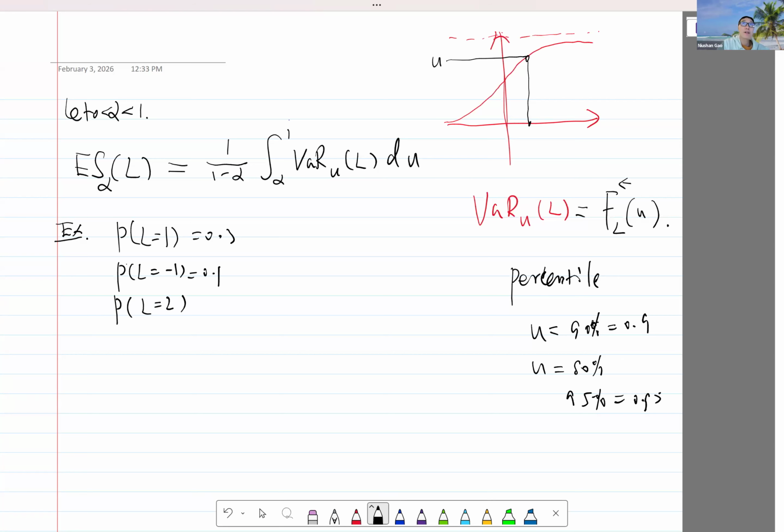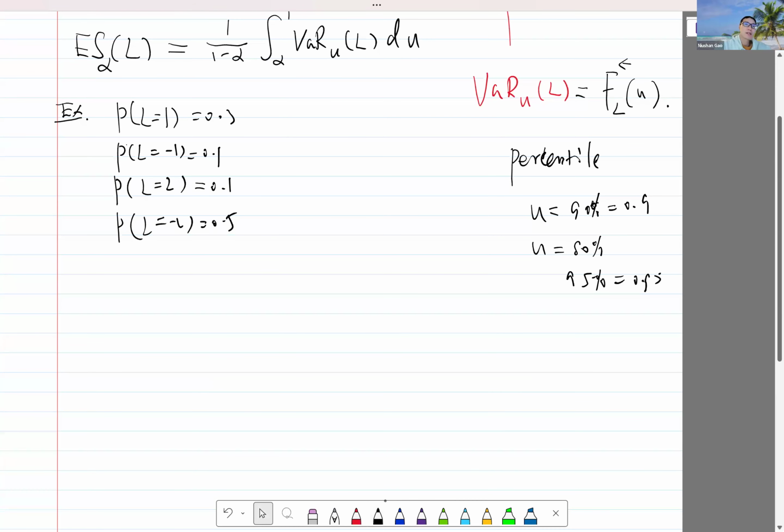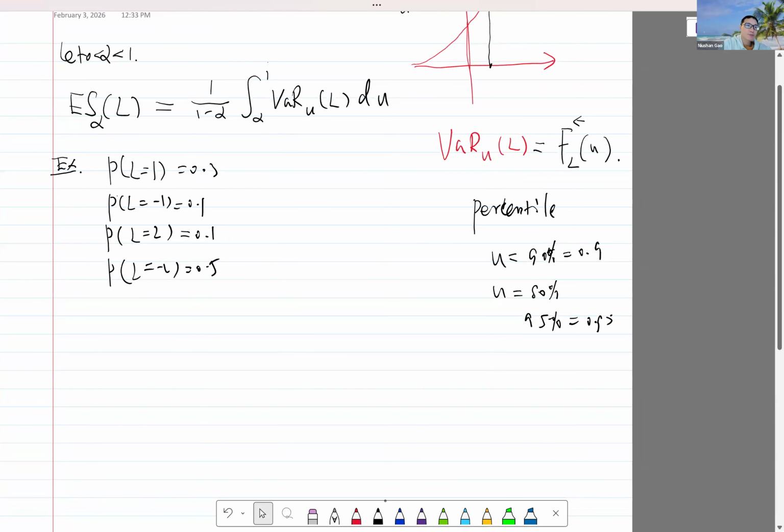This is a discrete random variable. It takes 4 values with different probabilities. So find the expected shortfall of L at 0.55.